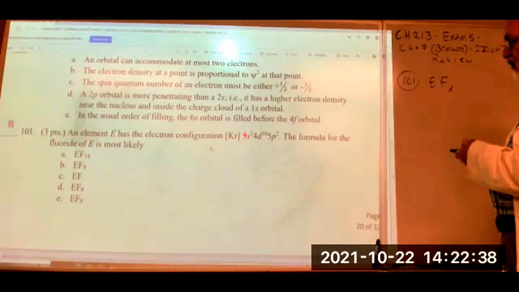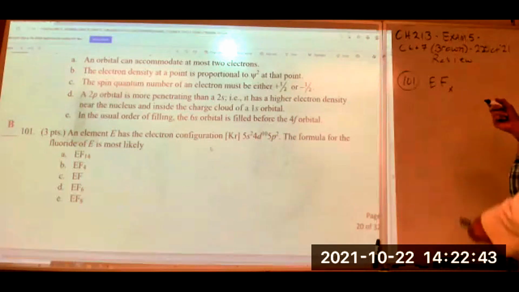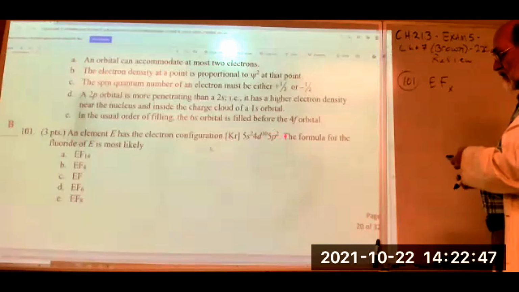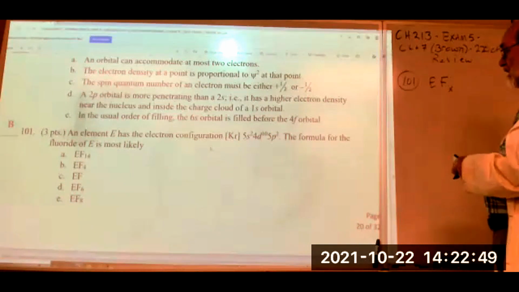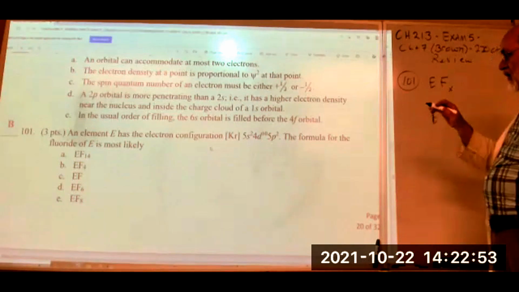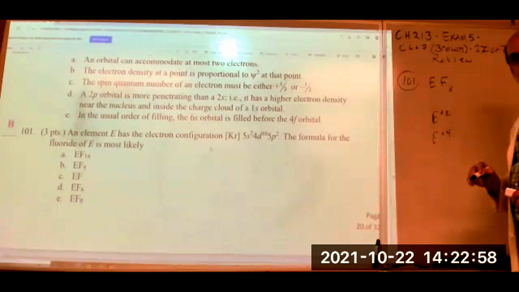They have the same principal quantum number. There are 2 there and 2 there, which means you have the possibility, if you only lose these 2, which is possible, then you would have an E with a +2 charge. If you lose all 4 of them, you would have an E with a +4 charge.